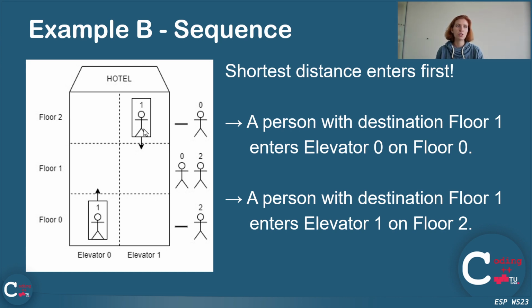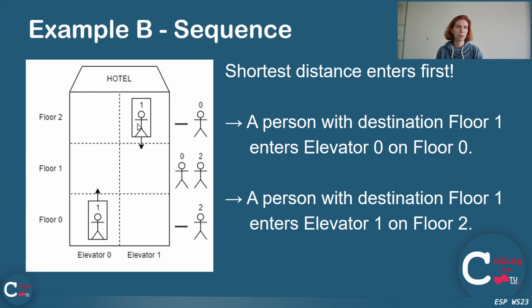To decide which person enters first, we check who has the shortest distance to their destination. This person would have a distance of 1 floor. This person would have a distance of 2 floors because they want to go down here. So the person with the shortest distance enters first.